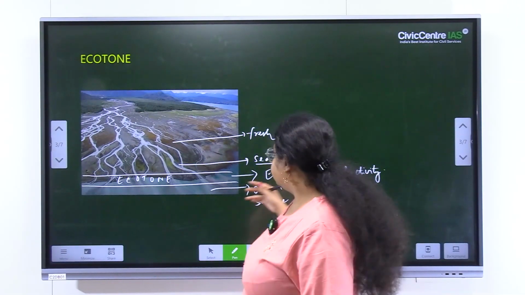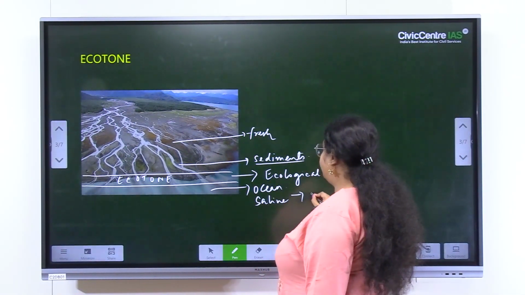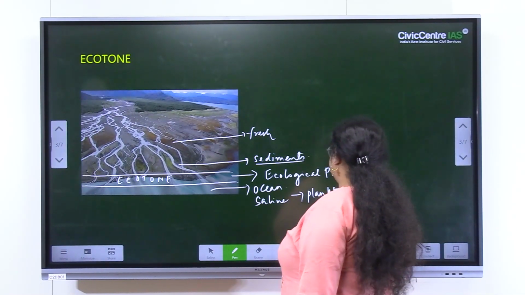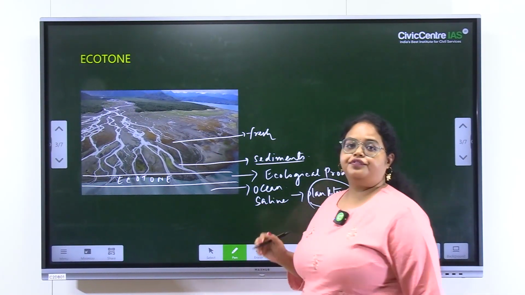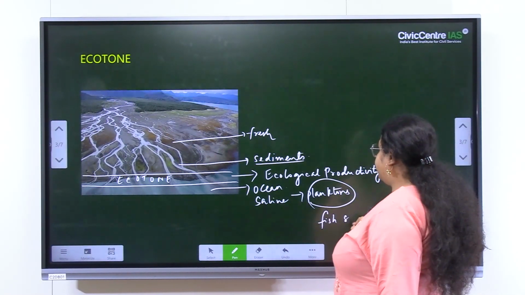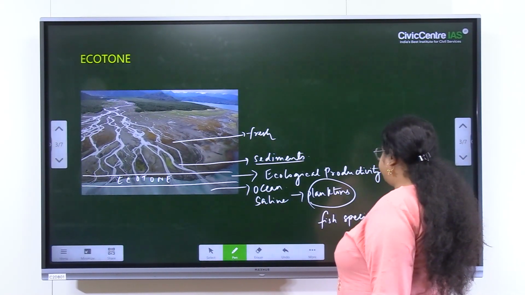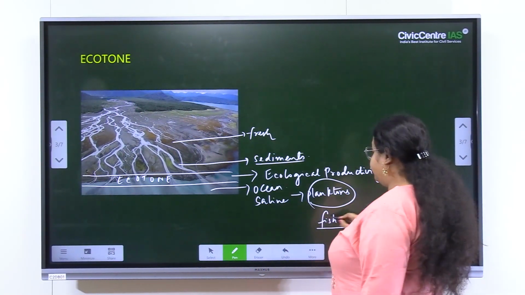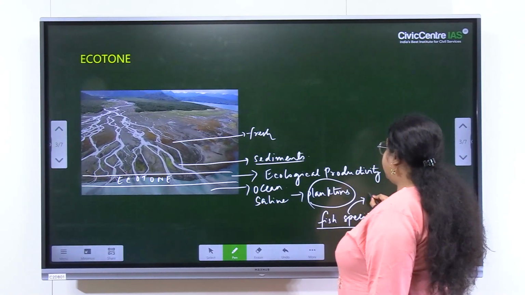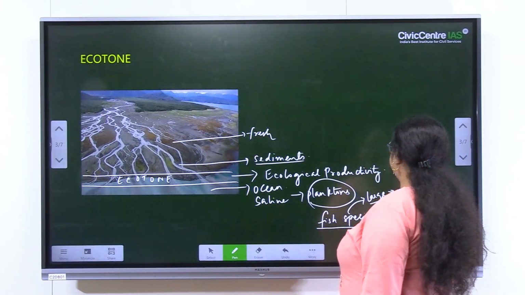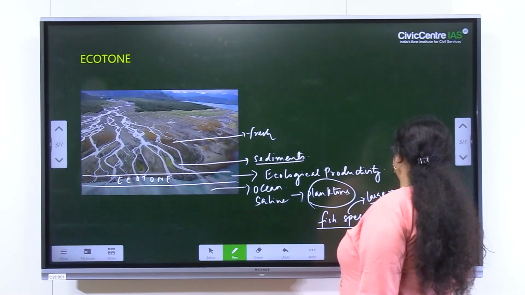When the nutrients are rich, automatically we can see growth of some planktons here, which are a base of food for many fish species. So we can find a number of species of fish coming here for food, and we are talking about large numbers of fish, that is abundance of fish.